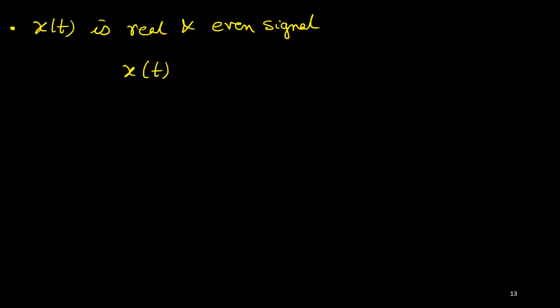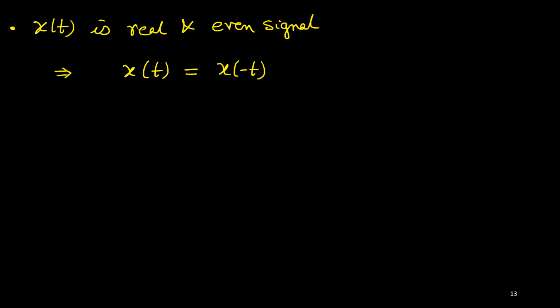Now we will go further. Now consider x t is a real and even signal. So it implies that an even signal is defined by x of t and x of minus t having the same value, the same symmetry. If you invert it, then also you will get the same result, then only it is called an even signal.